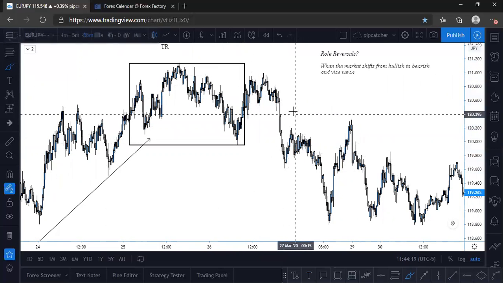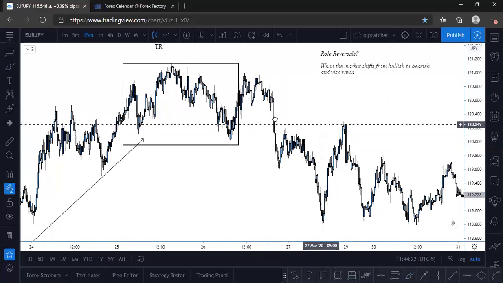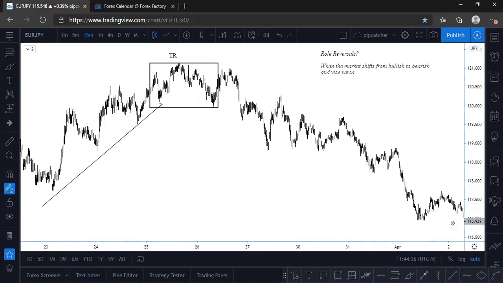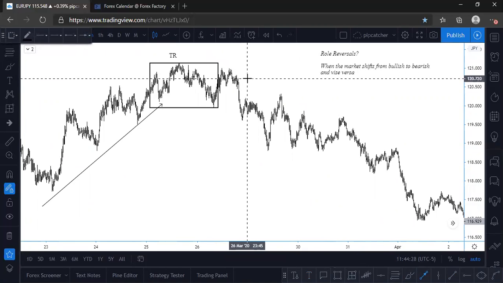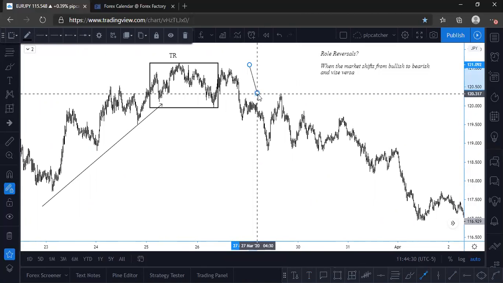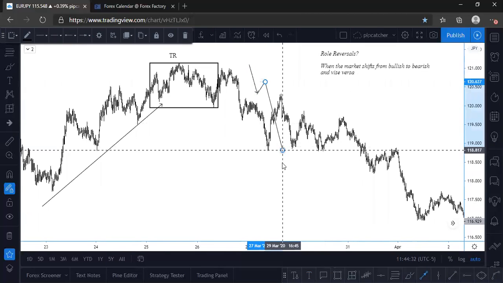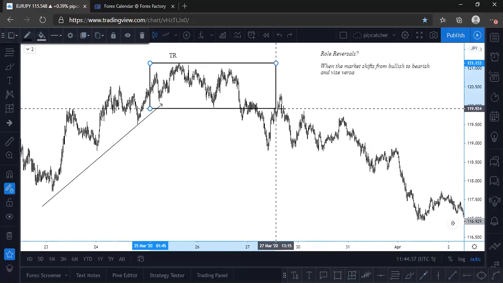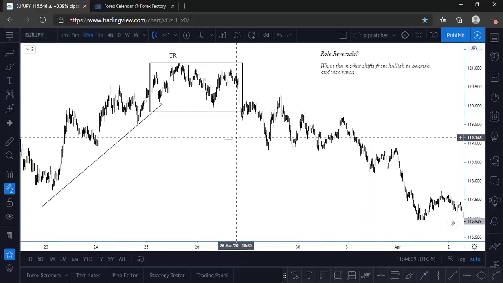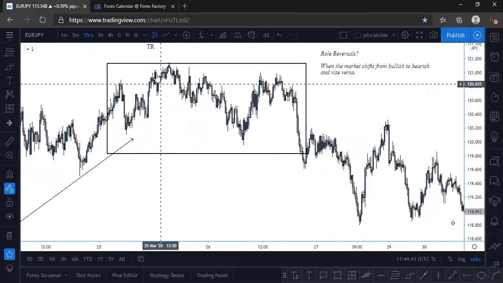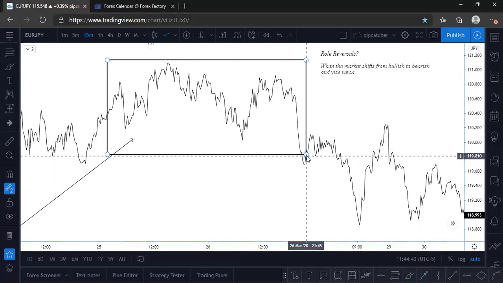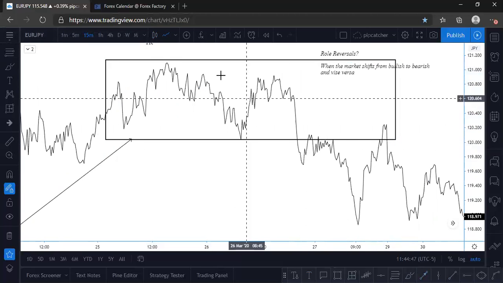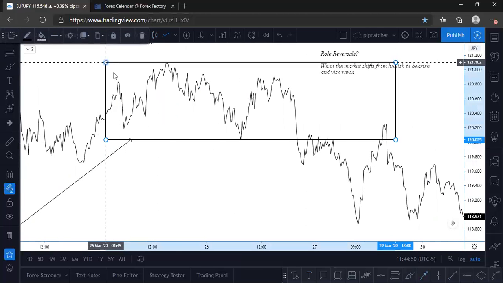So what we would look for, what we just talked about, is that role reversal like this, okay? Back in that trading range, if we go to the line chart, it'll probably tighten it up a little bit for us. So this is that trading range right here.